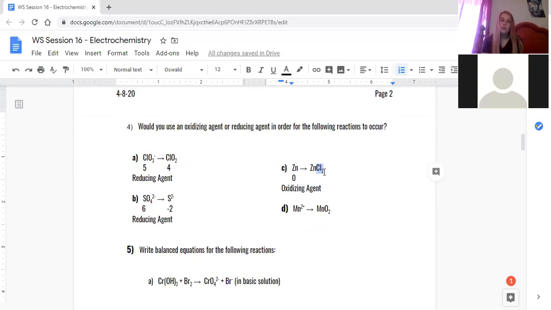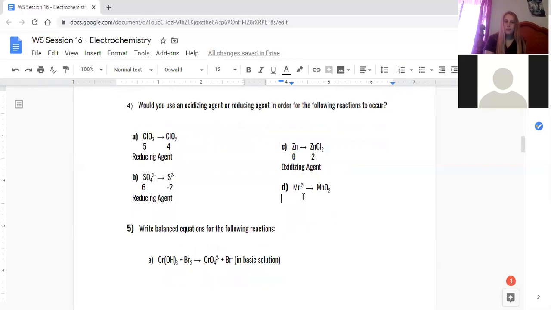So -1 times 2 is -2, and you're going to have to add that to the charge to move it over to the other side. So then you have just 2, because you have 0 for the charge, plus 2. So you know the zinc is 2 over here. What is the oxidation state of manganese in this first part of the reaction?